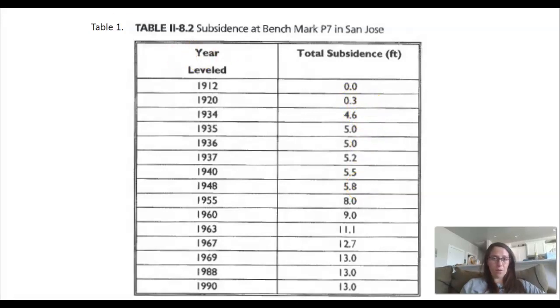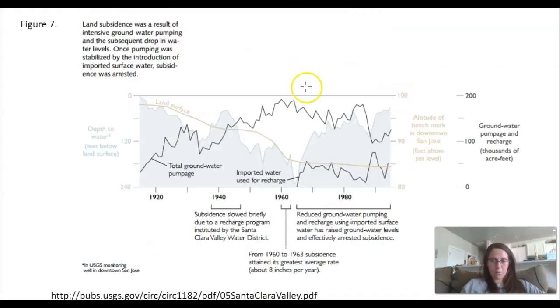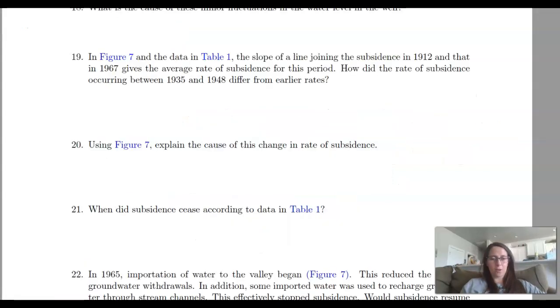From the graph right here, you see that this section where the land surface didn't lower as much is also characterized by some description down here. I'll let you read through that, and it's a pretty possible reason why the land surface subsidence decreased in rate.